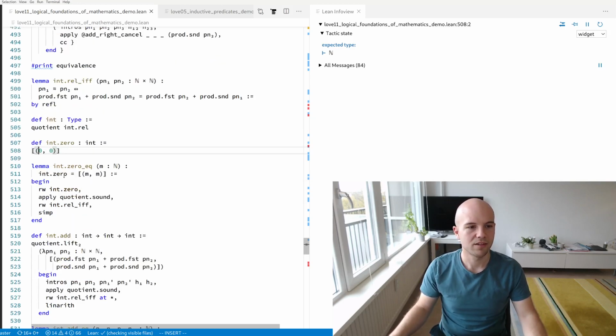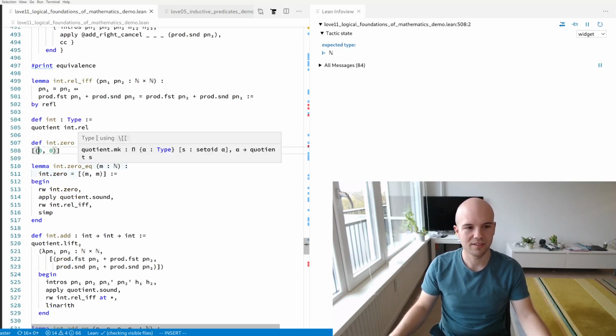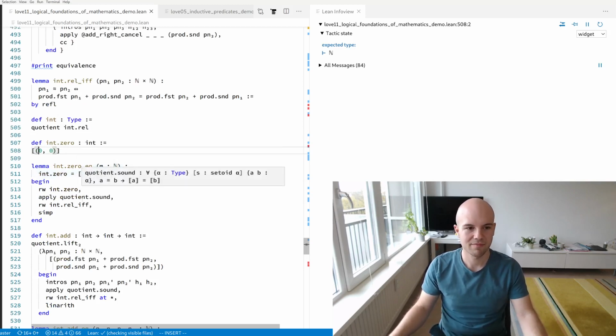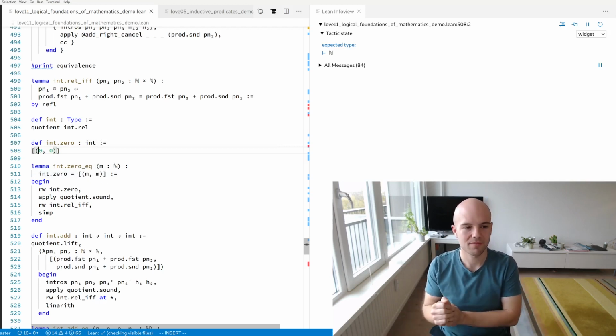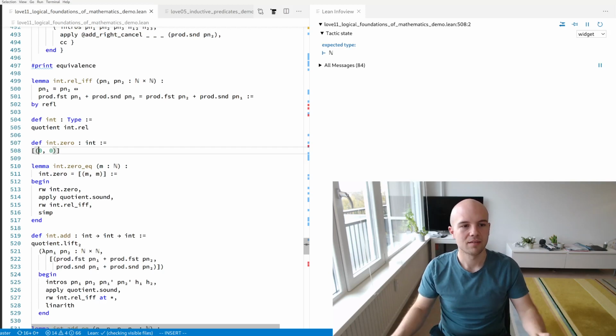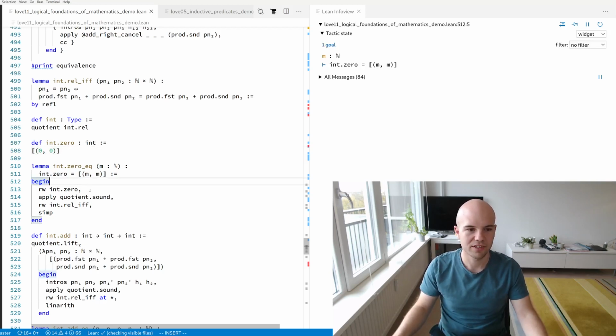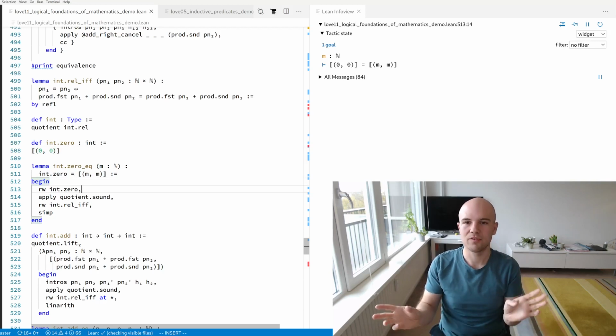Right. So in fact, it does not matter. We could also say that 0 is m minus m. Well, it's the equivalence class of the pair m, m. So let's prove this. So we unfold the definition of 0. We then get that we need to prove the equivalence between two equivalence classes, between two quotient make applications.